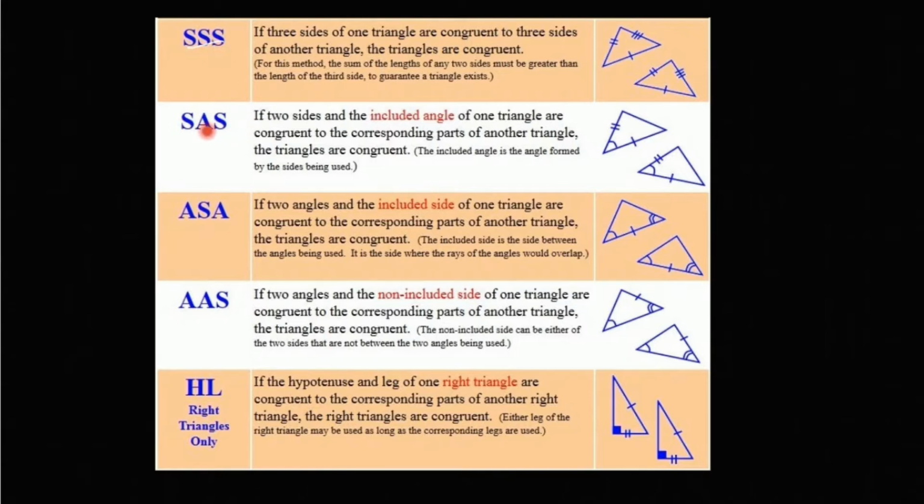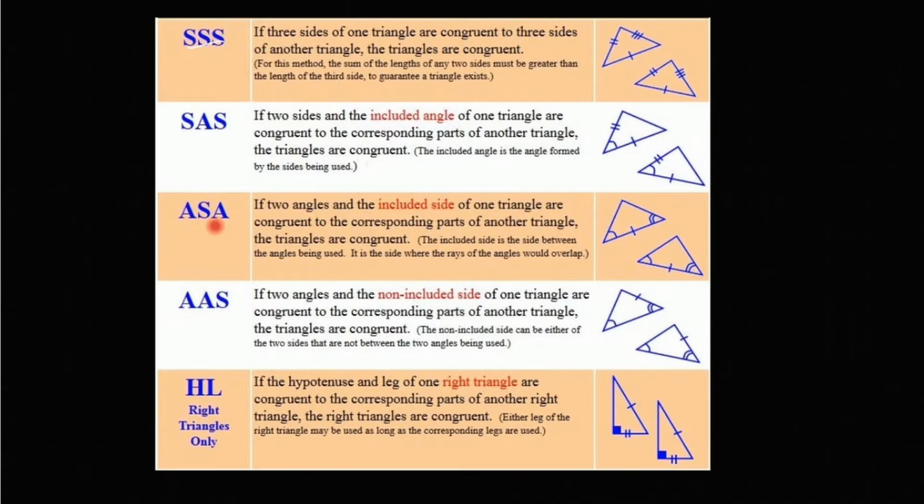The next one is SAS, side angle side. Look at both triangles. This side equals this side, and this side equals this side. Corresponding sides are equal, and the included angle between both sides is equal. If two sides and the included angle of one triangle are congruent to the corresponding parts of another triangle, the triangles are congruent.